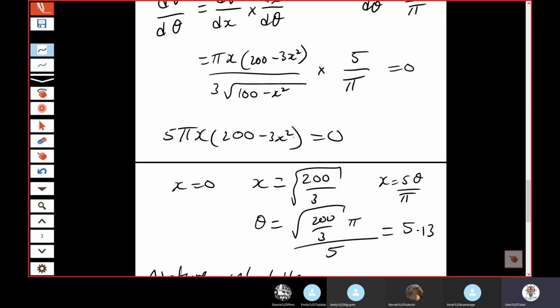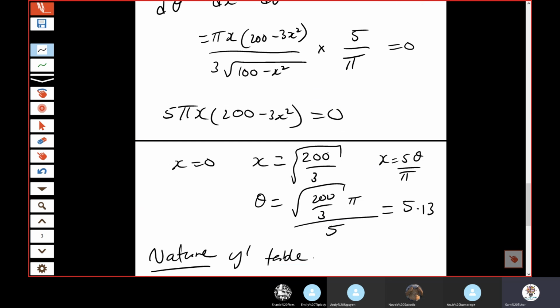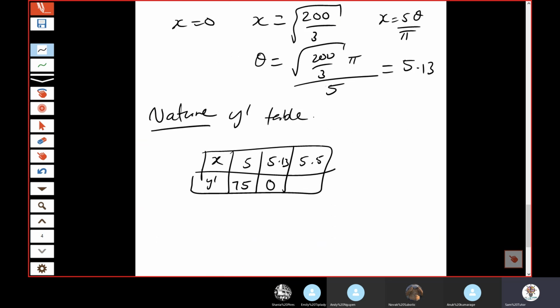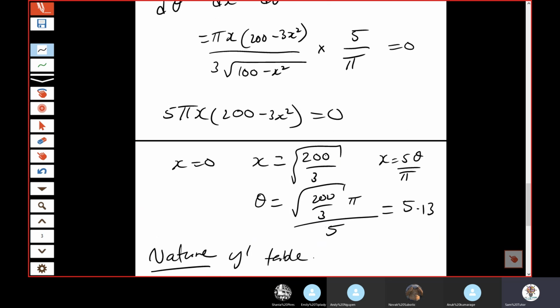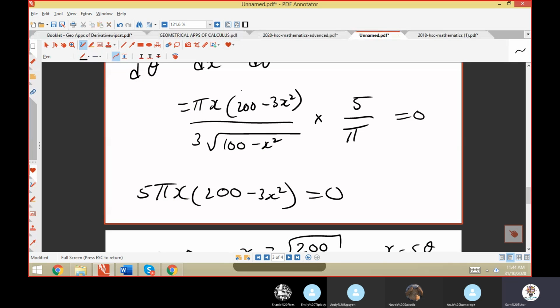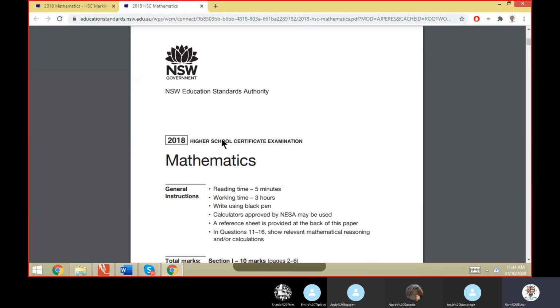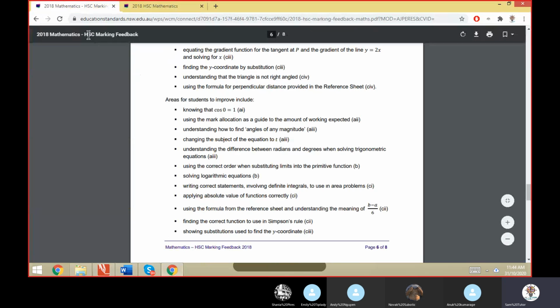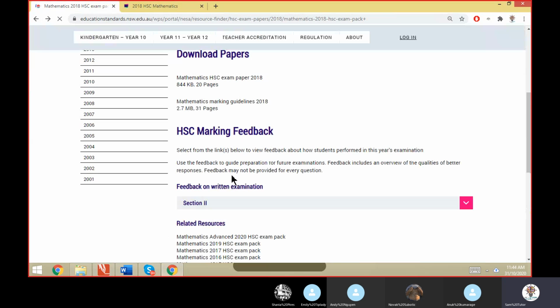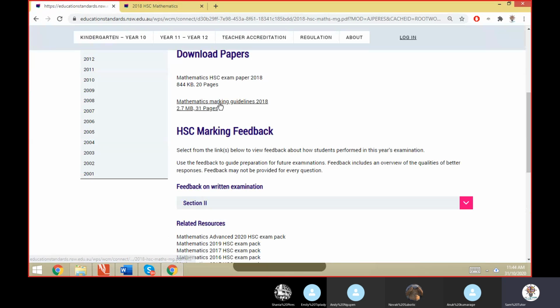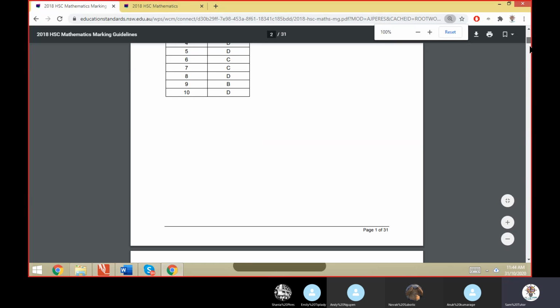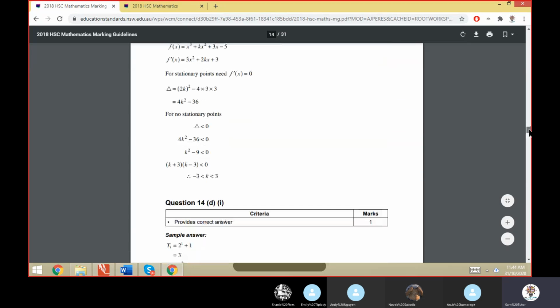That looks right to me as well. Can't pick it up, so we don't waste time. Let's just go and see where I'm going wrong. Damn. That's annoying. Marking guidelines. Where did I go wrong?